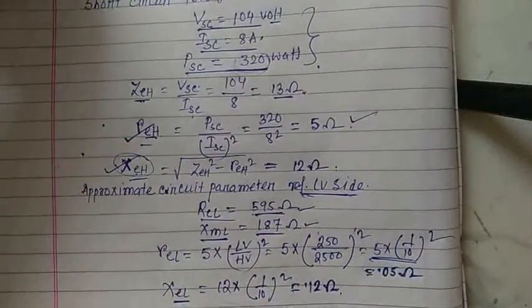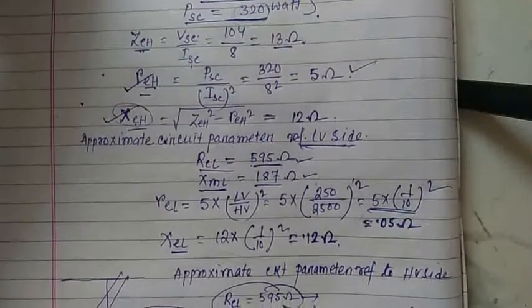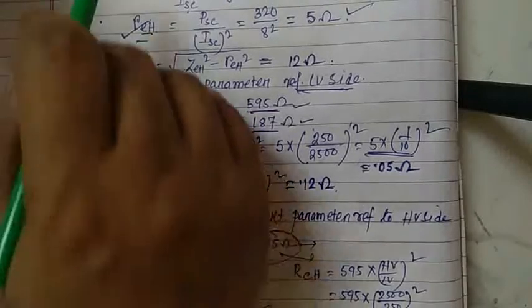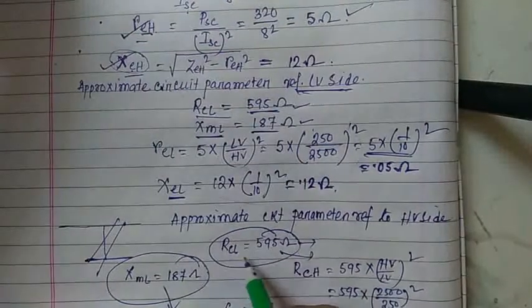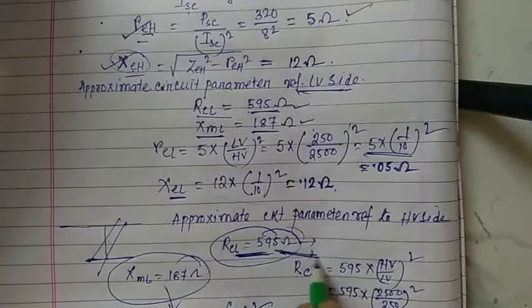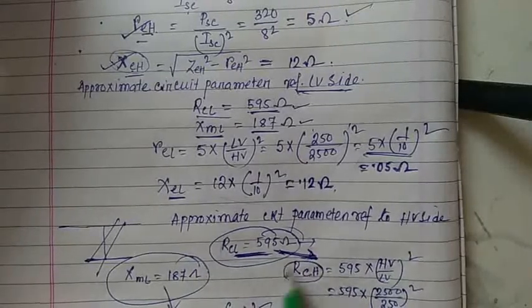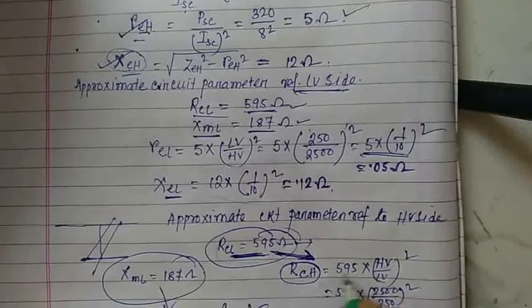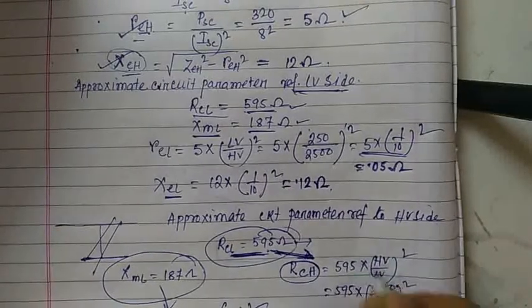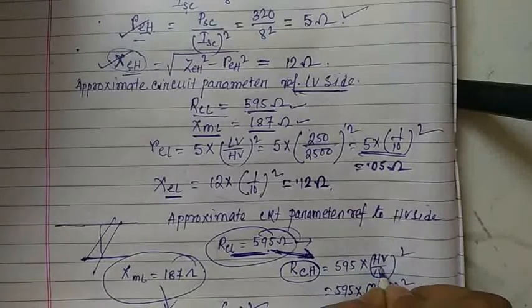Similarly, the approximate circuit parameters referred to the high voltage side. The RCL value was calculated on the low voltage side, so it has to be transferred to the high voltage side. That means the low voltage side value is multiplied by high voltage by low voltage square.